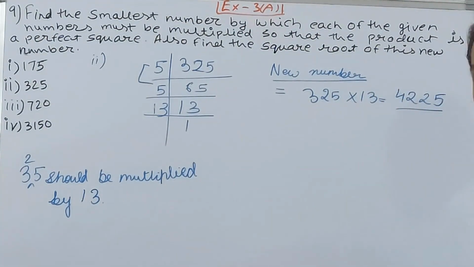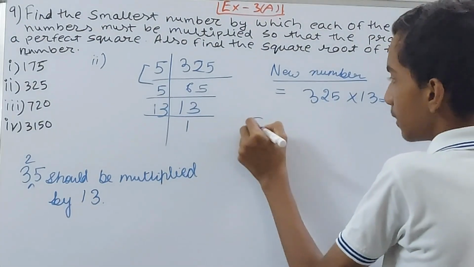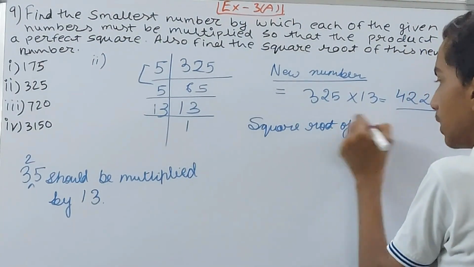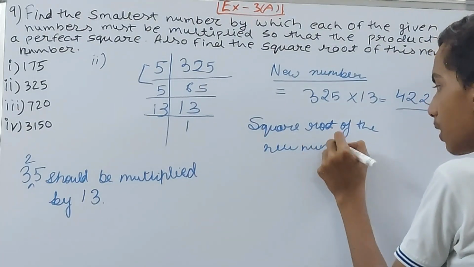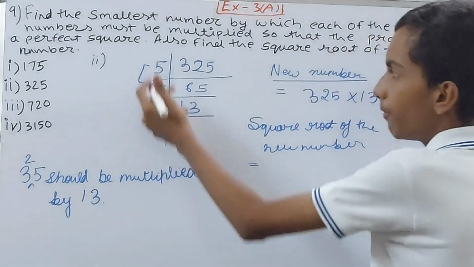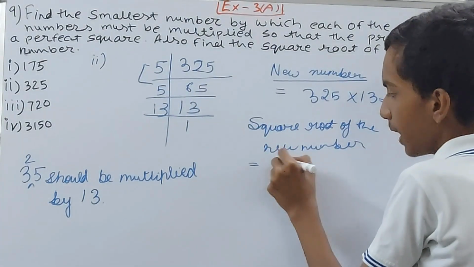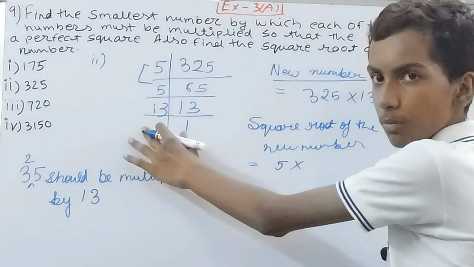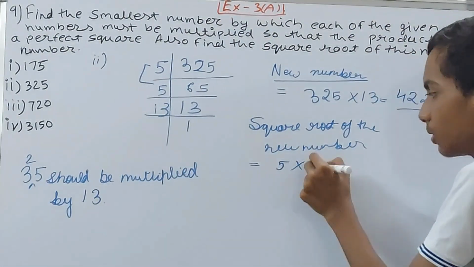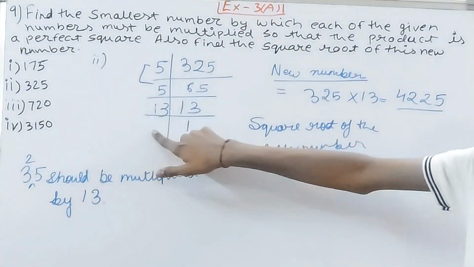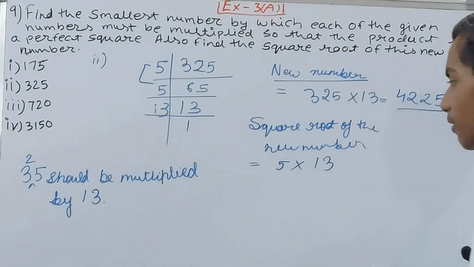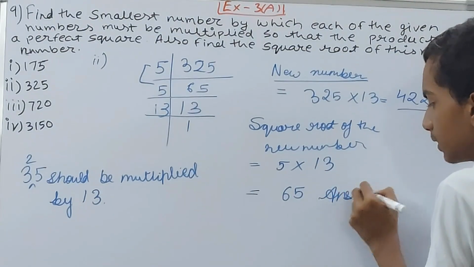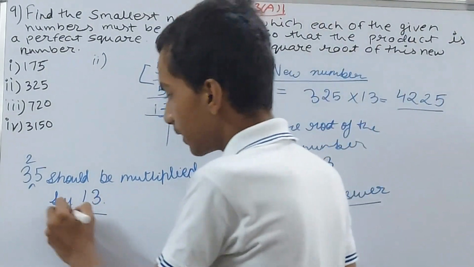This is your new number, and its square root will become what? 5 and 5, already one pair was made, so write that down. Now when we multiply by 13, one more 13 will come, because 2 times 13 will come, then we can make its pair. So we'll have 5 into 13, that is 65, and that is your answer. And it should be multiplied by 13.